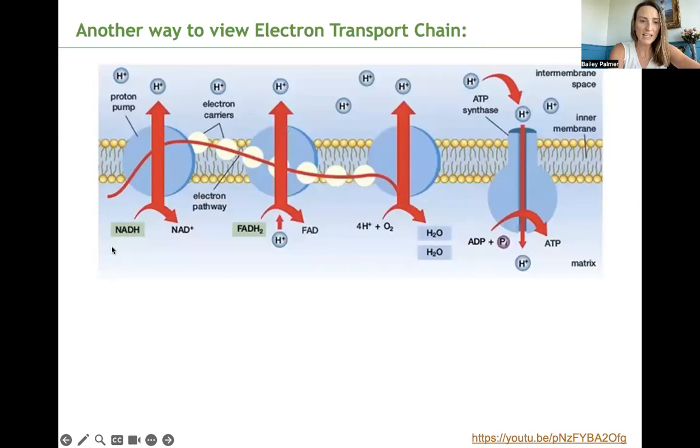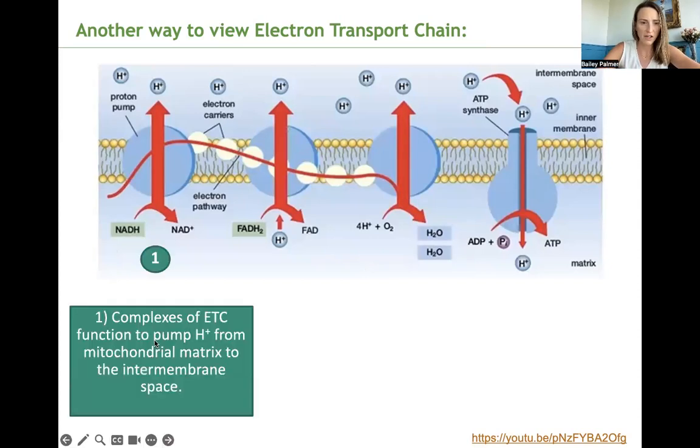So if we look at the NADH in this green and the FADH2, if we go to this first little thing I have here, complexes of the electron transport chain function to pump their hydrogens from this mitochondrial matrix to this intermembrane space, which is on top here. We see the NADH drop off their hydrogen. It's pumped up here. Here's our proton pump. Same thing, FADH2 drops their hydrogen off, but in the next pump, pumps up.